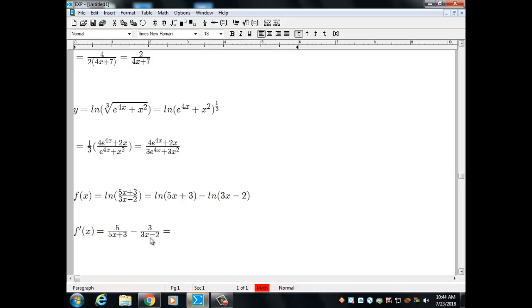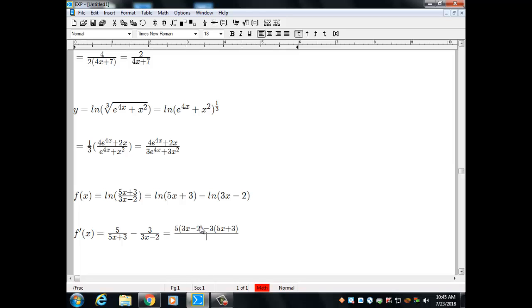Now, how do you finish that? Well, I multiply up, multiply up, multiply over. So 3x minus 2 goes up, 5x plus 3 goes up, we multiply over. In the final form, it looks like this: 3x minus 2, so that's the first multiply up, minus multiply up here, 5x plus 3.